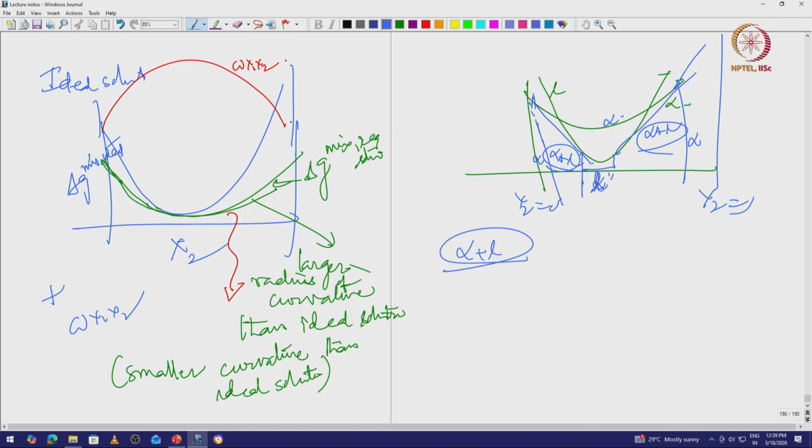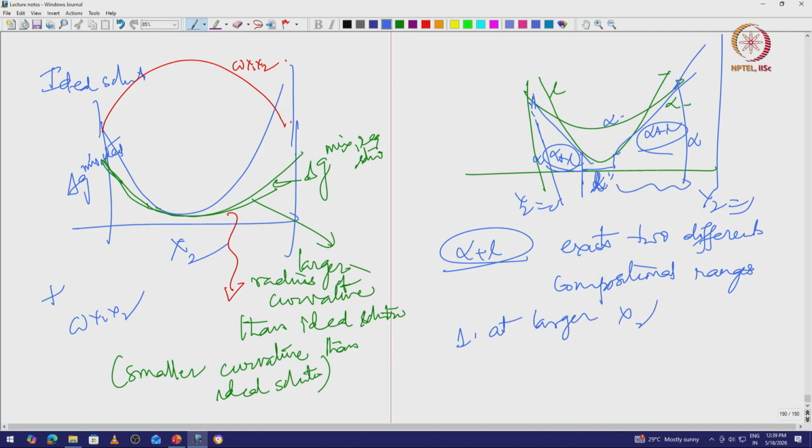So alpha plus beta exists in two different composition ranges. One at larger x2, that is this, and one at smaller x2, that is this range.